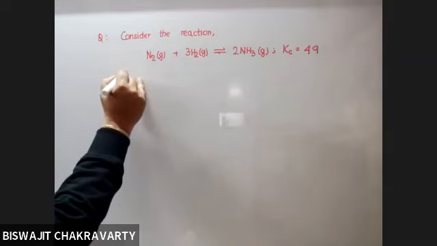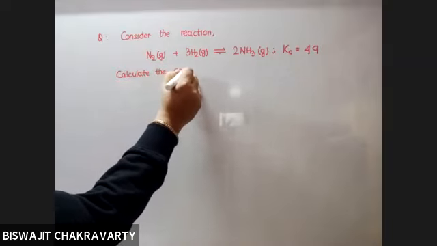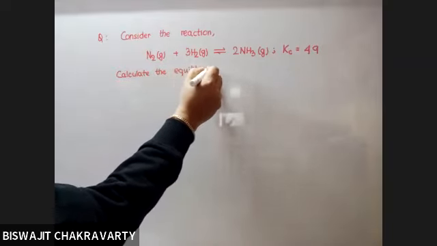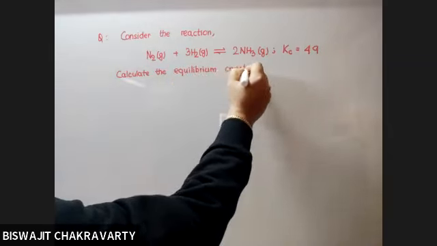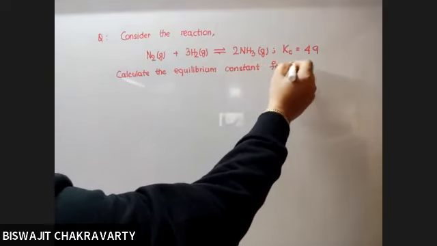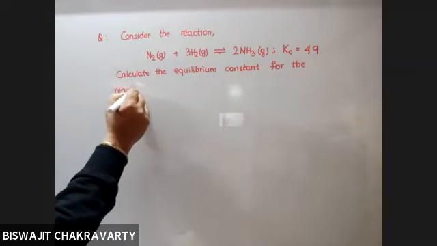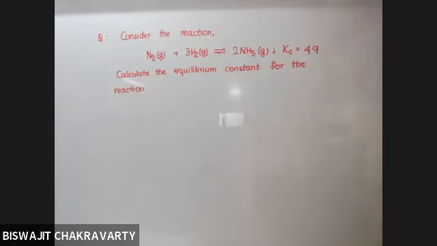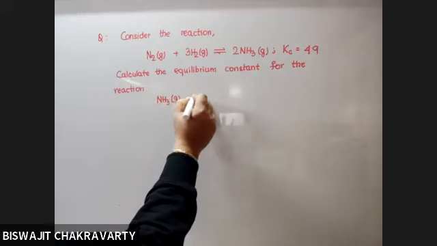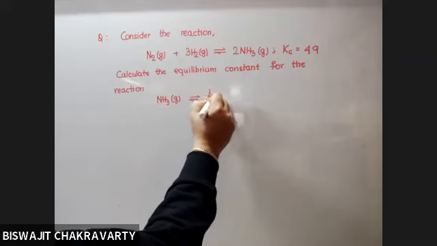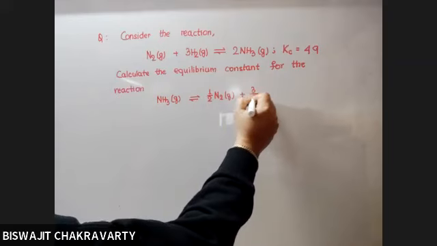প্রশ্নটো হল ক্যালকুলেট the equilibrium constant for the reaction NH3 gas reversible half N2 gas plus 3/2 H2 gas.